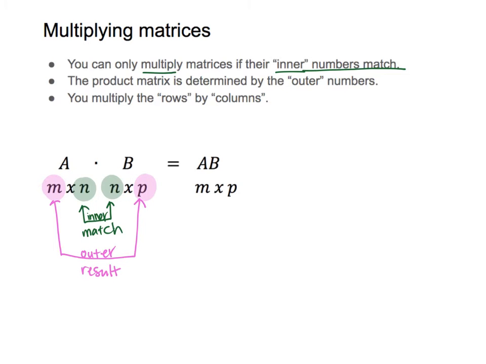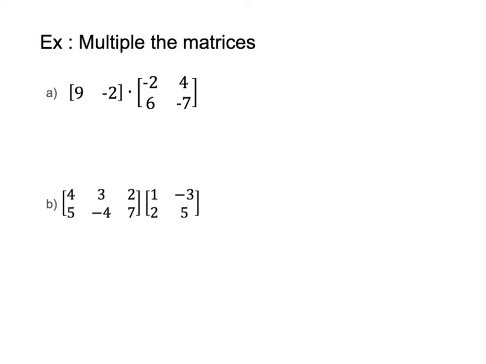Like I said, we're going to see it in the next example here. All right, so here we're going to multiply these 2 matrices. The first thing you want to do before you start multiplying is to figure out the sizing. In this case, you can see there is 1 row and 2 columns. This next one next to it kind of looks like a square to me, so I know it's 2 rows and 2 columns.